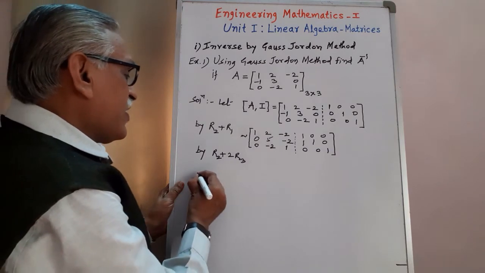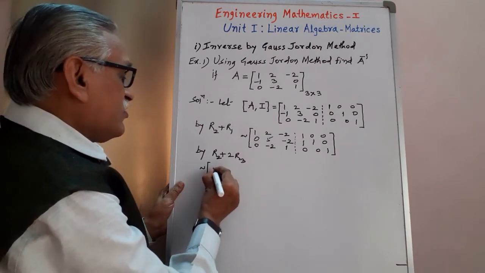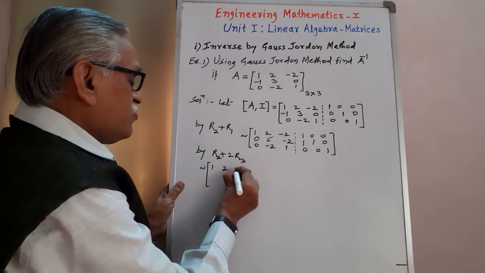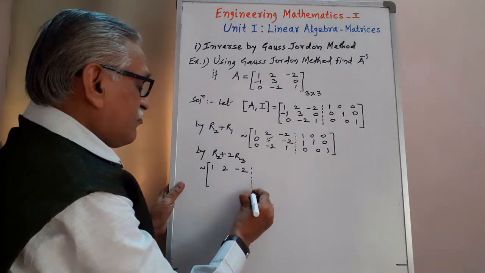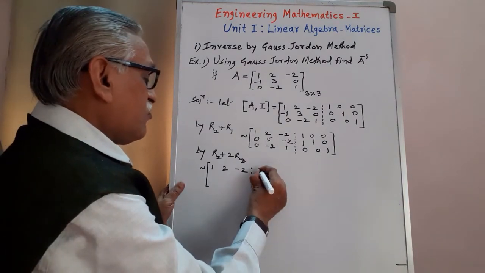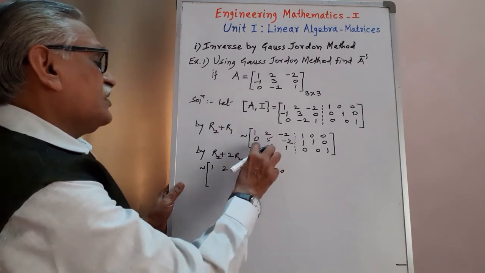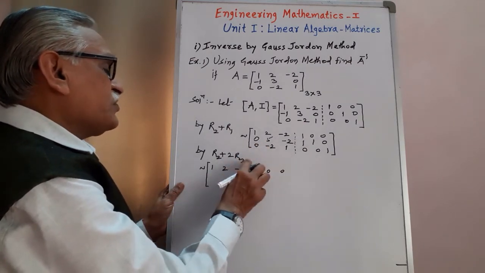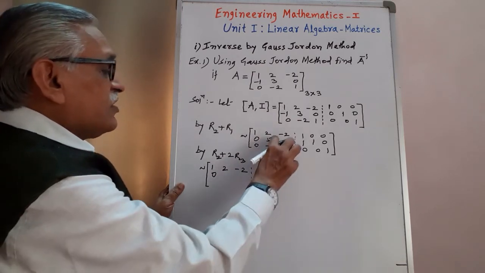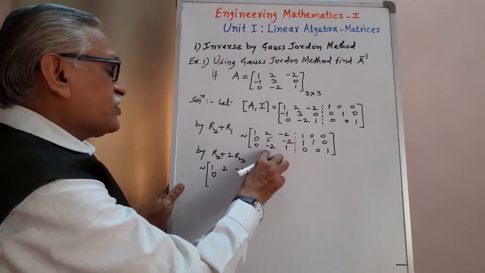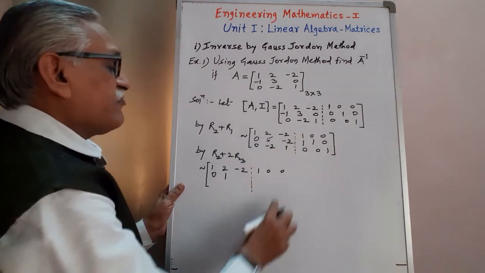Applying that, we get 1, 2, minus 2, 1, 0, 0. Then, applying R2 plus 2 R3, 0 plus 2 times 0, we get 0. 5 plus 2 times minus 2, 5 minus 4, we get 1.